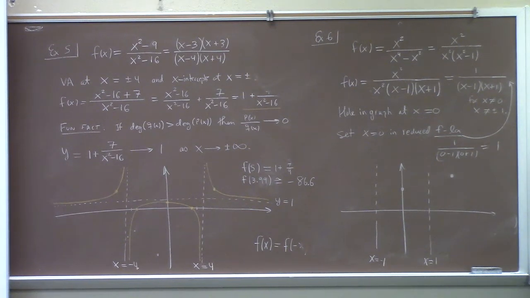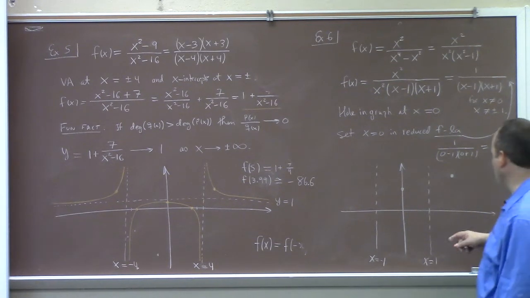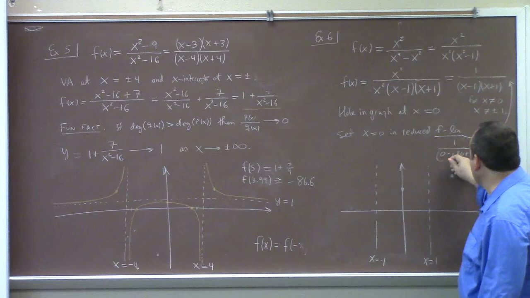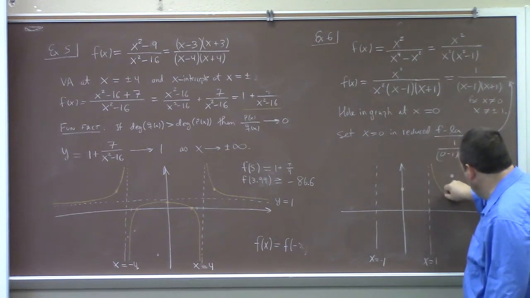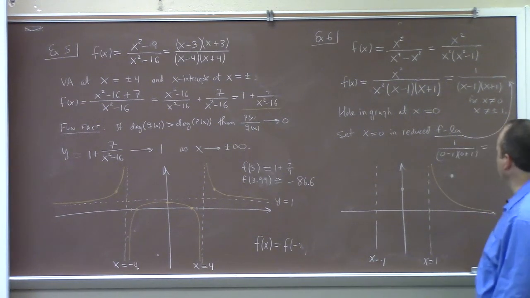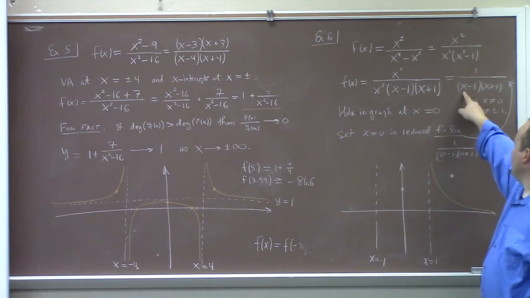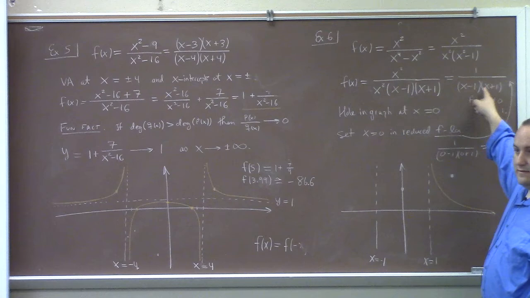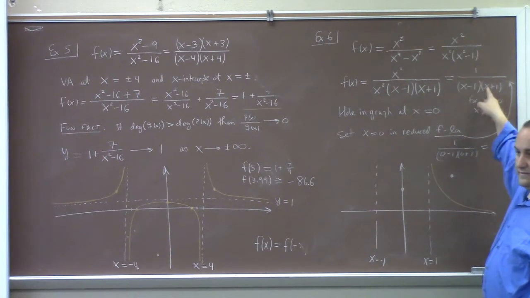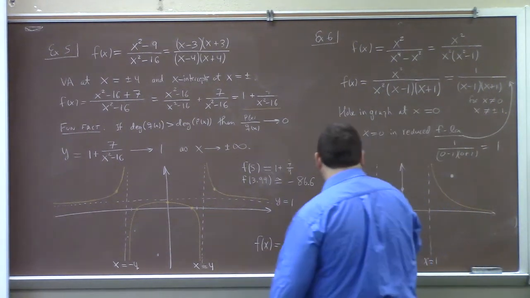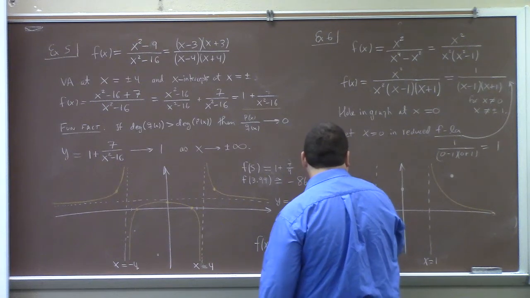Like try plugging in, say, 2. What do you get? You get 1/3, right? So essentially what's going to happen here is it's positive over here. What happens if we plug in a number like minus 2? Plug in minus 2, you get a minus 3, you get a minus, I think it's also like here. Is that right?